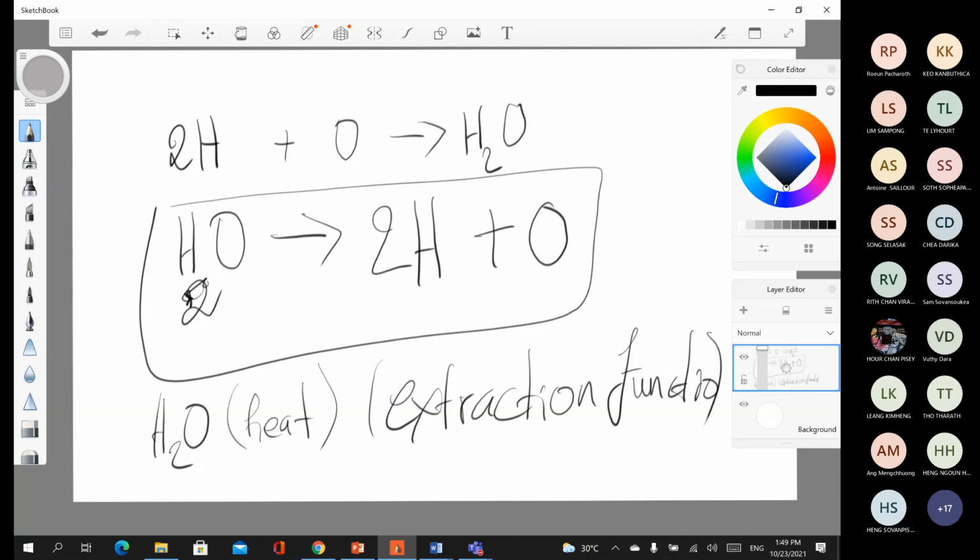After that, when you extract the hydrogen and oxygen gas, we do not lose any small amount of the gas. Whatever the original input of water is, you will get exactly the same amount as the original gases, oxygen and hydrogen.